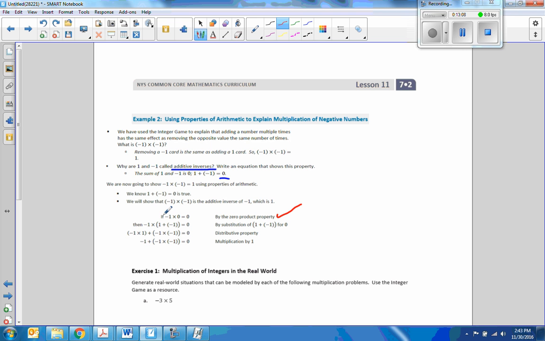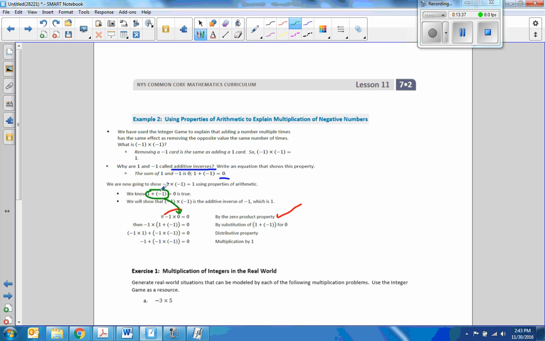So if I color code this value here, -1 times 0 equals 0, then -1 times 1 plus -1 equals 0, because up here we know 1 plus -1 equals 0. So I'm going to substitute in this 1 plus -1 in place of this 0 here.